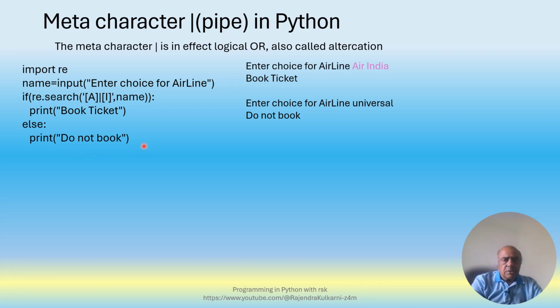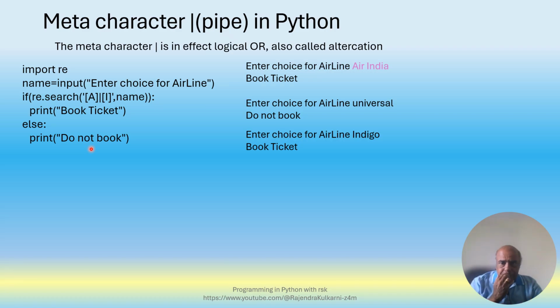Else, if A or I, not and, A or I doesn't match with the string name, it outputs a prompt do not book.